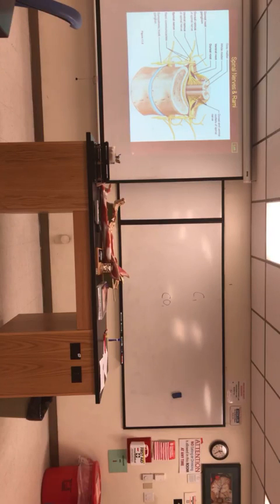Rami communicantes lead into the sympathetic ganglia. There's a chain of them, and you can see a very small portion of the chain right here, called sympathetic trunk ganglia, or sympathetic chain, or paravertebral ganglia. Lots of names for this one. And we'll come back to that in chapter 14.